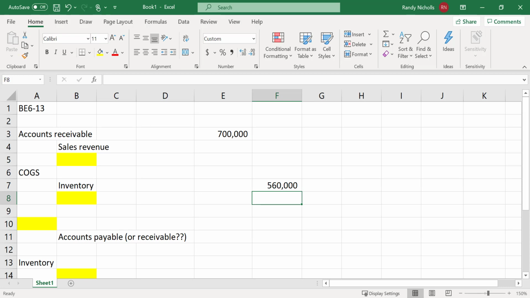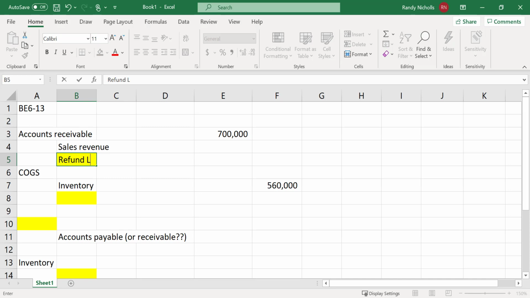They're going to allow them to return them in 3 months if they haven't sold them or if there's damage or whatever. Past experience indicates that the normal return rate is 15%. So at the time of the sale, you want to record your estimated returns. The account they use in the book is refund liability.